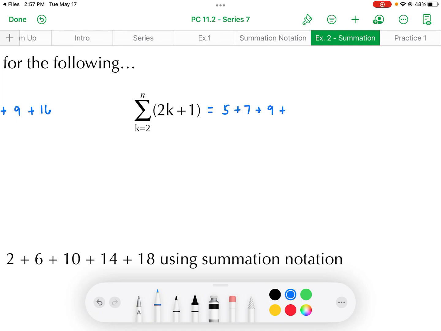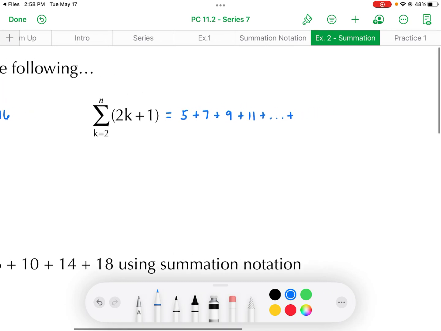I think you get the idea. This pattern's just going to keep continuing, and it's going to continue all the way until I get to the upper limit of n. Now, if I plug that in for k, that's going to result in a final element of the sequence, 2n plus 1.